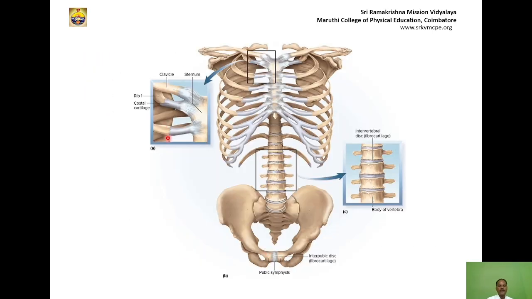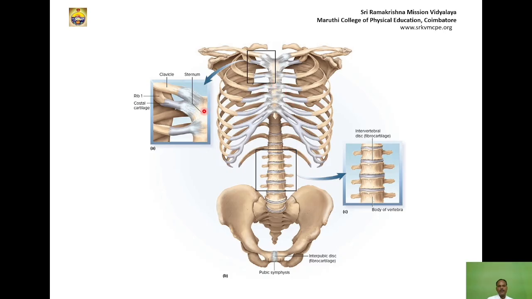So this is the picture. This is the cartilaginous tissue. Here there is no fibrous tissue, here it is cartilaginous. This cartilaginous tissue allows us to move forward and backward. This is the cartilaginous, here also cartilaginous. That's why a very small amount of movement will take place here. So this is the vertebrae.